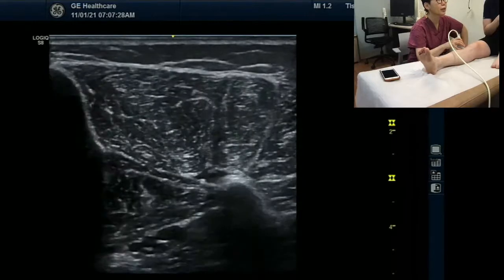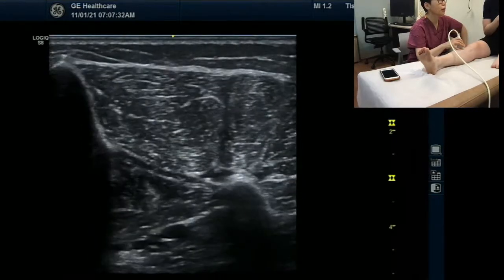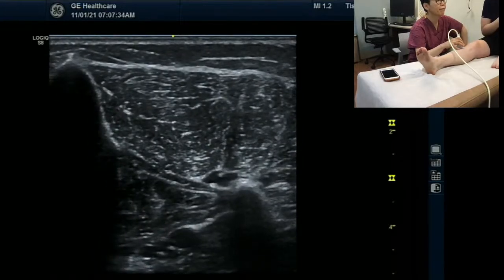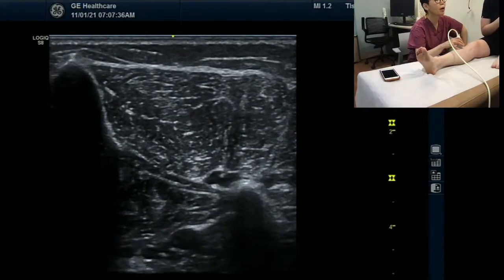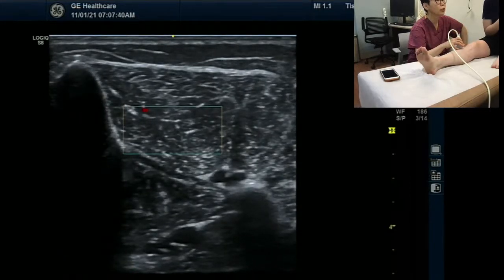Now the anterior tibial artery is getting bigger. We can show Doppler, right? So color flow on the top, and then use the trackball.